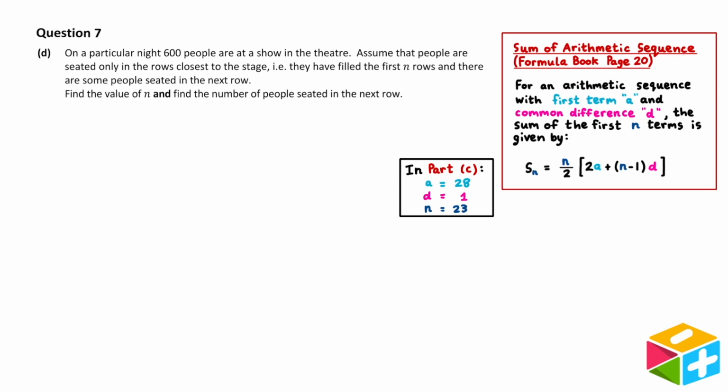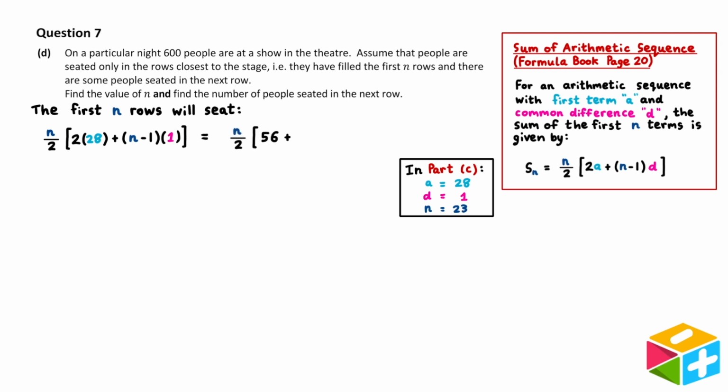If we want a general expression for the number of people the first n rows will seat, we can put in our a equals 28 and d equals 1, but leave the n as it is. 2 times 28 is 56, and n minus 1 times 1 is just n minus 1. 56 minus 1 is 55, so our expression we get is n over 2 times 55 plus n.